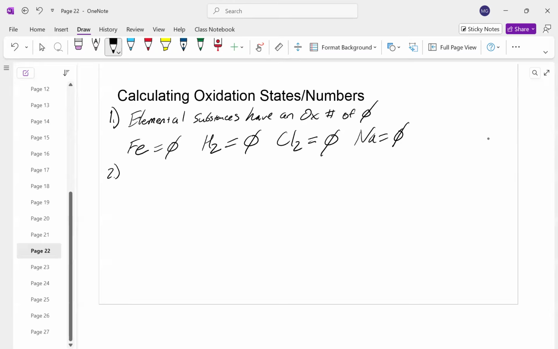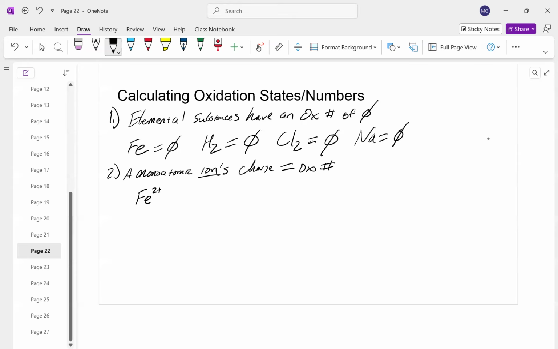Number two, a monatomic ion's charge is its oxidation number. So if we have, say, the iron 2 cation, its charge is +2.